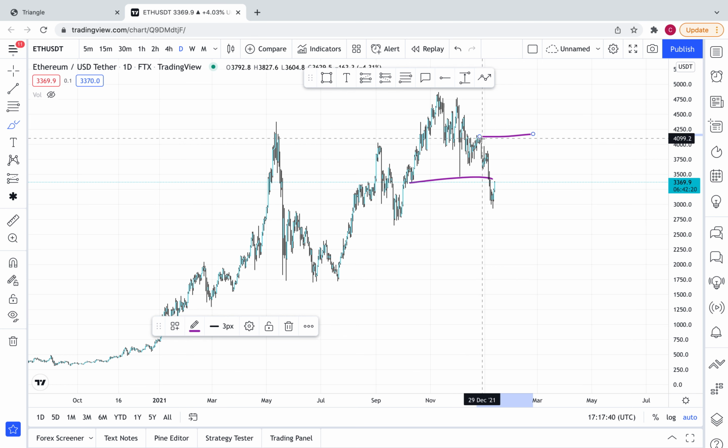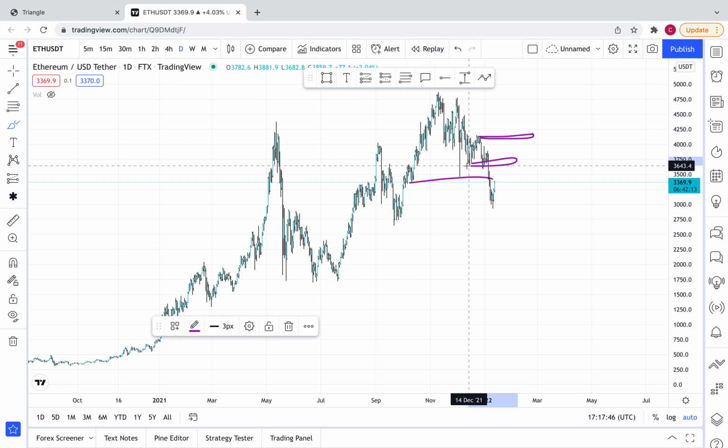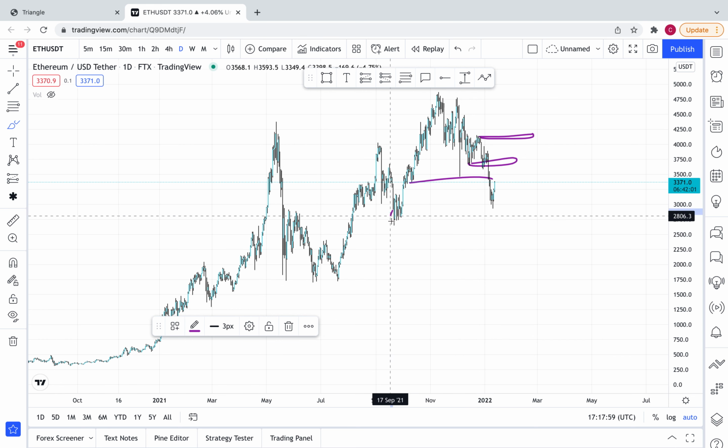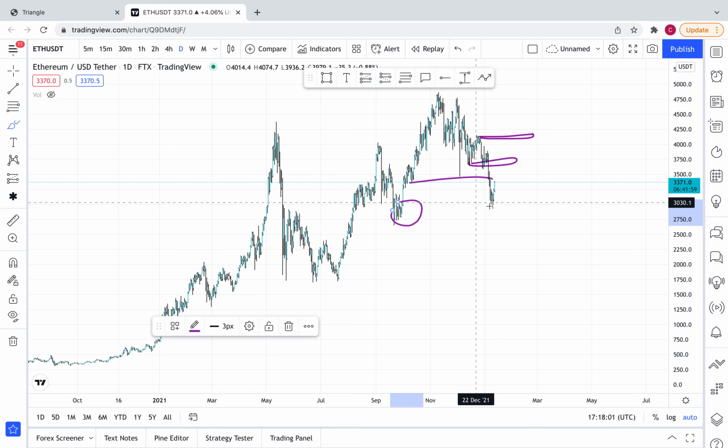So we have an order block here, and we have a breaker block here. What price did was mitigate the bearish breaker block and go down to break structure. Now when price got to this region, it reacted sharply to move upward.